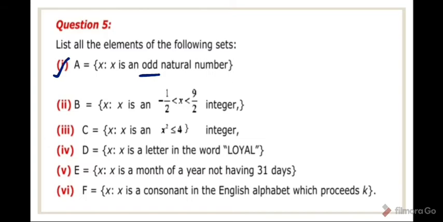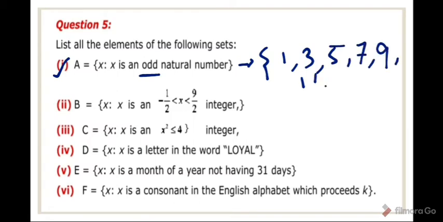Now in set A you have to collect odd natural numbers. That means this set in roster form will be 1, 3, 5, 7, 9, 11, 13 and so on.